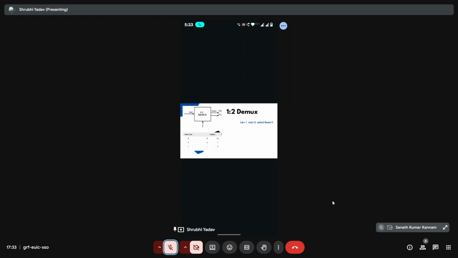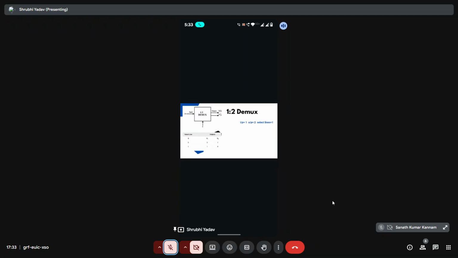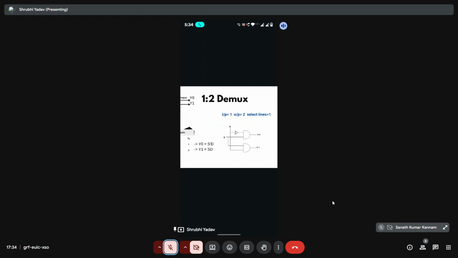When the select line is 1, Y1 is selected. Y1 will be 1 and Y0 will be 0. So we got the expressions Y0 equals S bar D and Y1 equals S D. So we'll get the logic diagram as this.